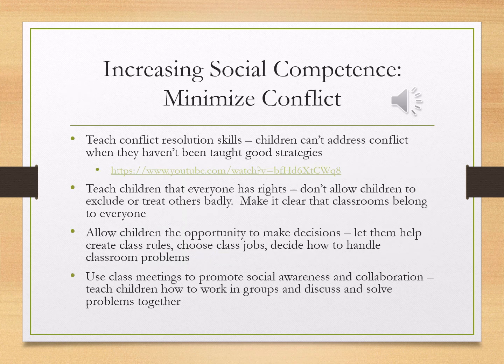On the next few slides, we're going to talk about how to increase children's social competence. The first way is to minimize conflict. It's really important, first of all, to directly teach children conflict resolution skills. They don't know how to use these skills if we don't directly teach them.